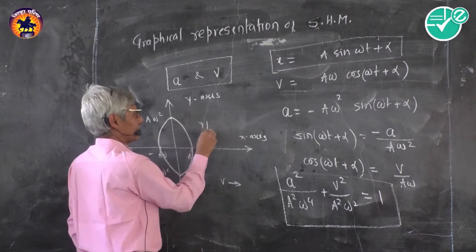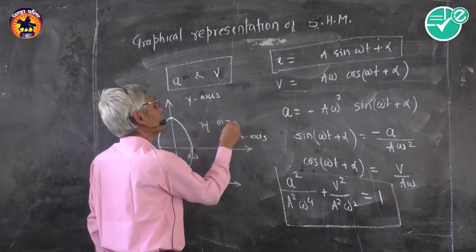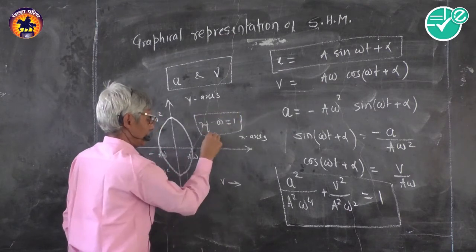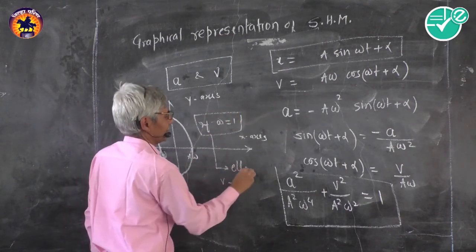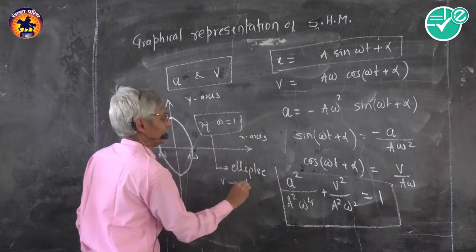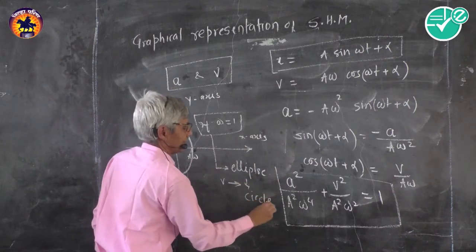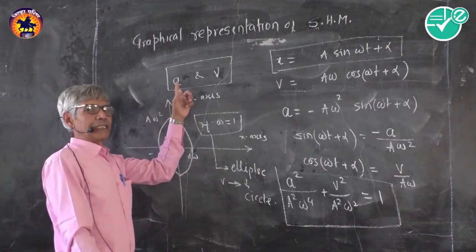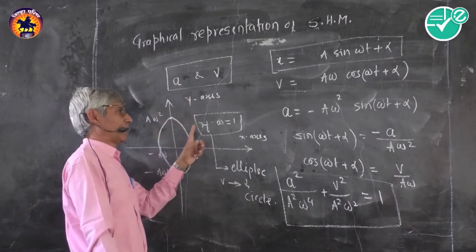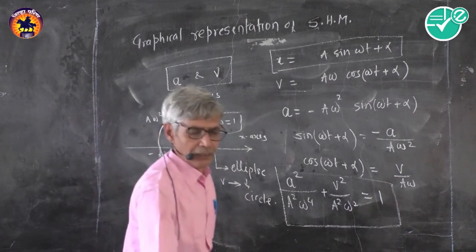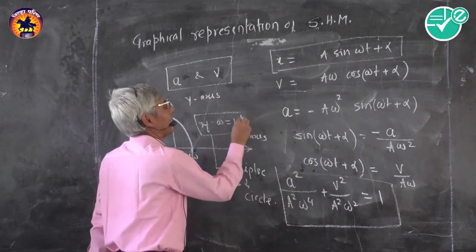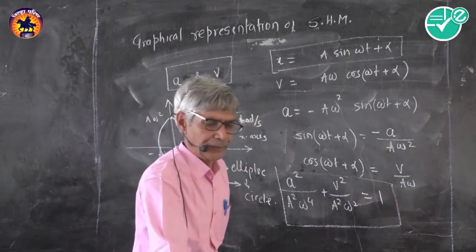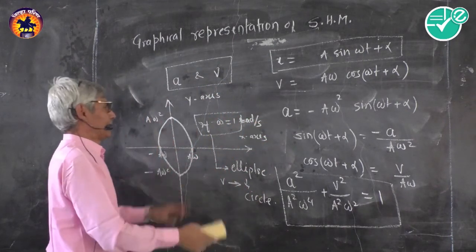And if omega is equal to 1, then this ellipse changes to a circle. So for the graphical representation of the acceleration with respect to velocity for a particle performing S.H.M with unit angular velocity, the graph will be a circle.